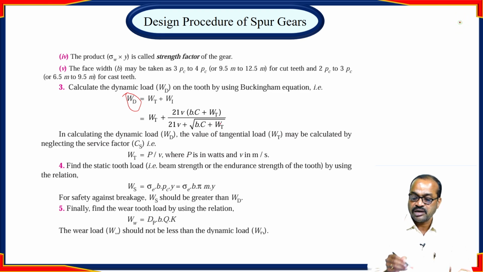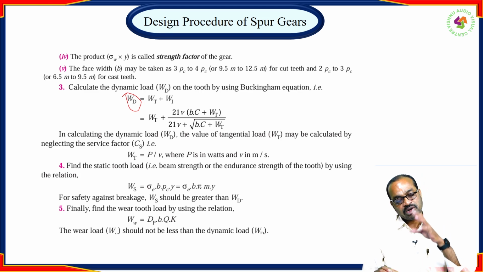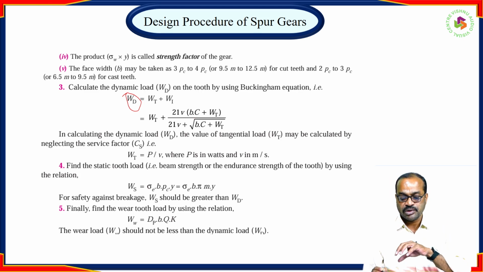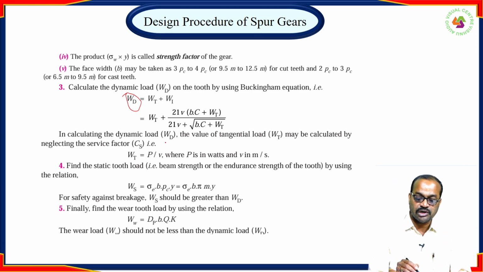The WT already we calculated, we have the value. B, just now face width we calculated. Velocity we have, only the C value we have to calculate. That formula is also available in the design data book. You have to take the formula, substitute, and finally you will get WD. Okay, WD in the sense dynamic load.